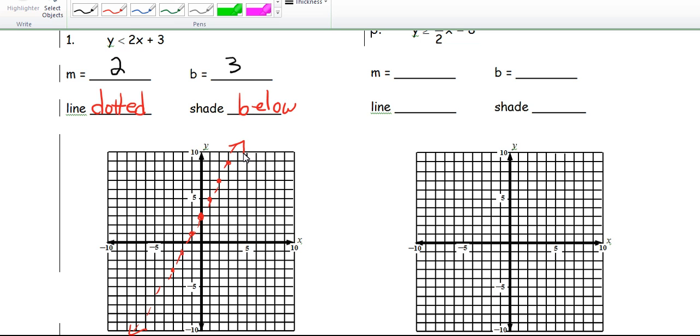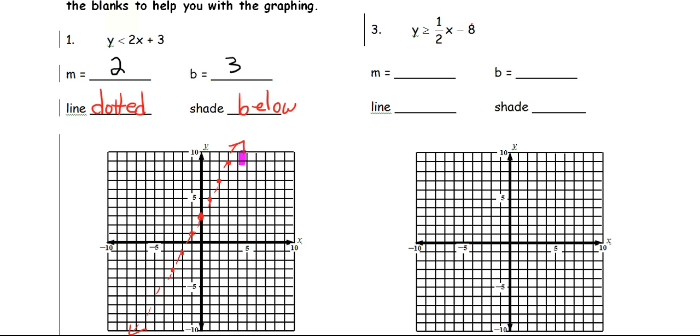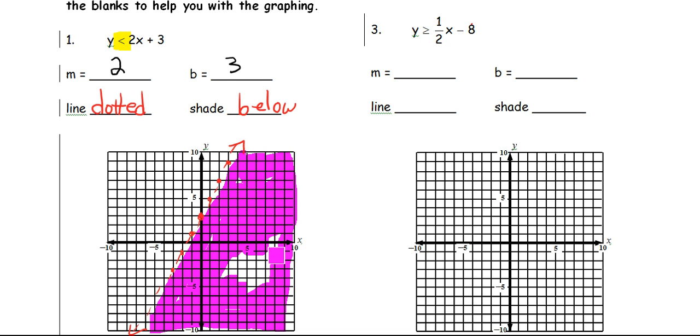I need to find what is below that, and that's this way. So what I'm going to do is shade in the area below, and that could be this whole thing here. And I'm going to try to use this red color for a shade below and a blue color for shade above.